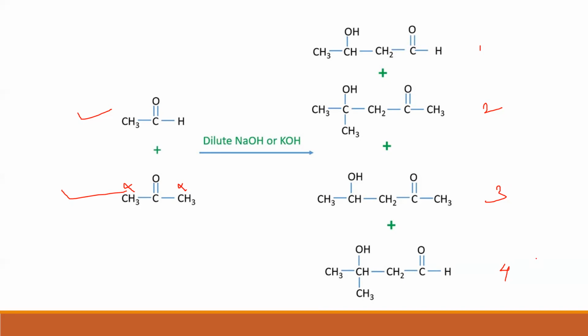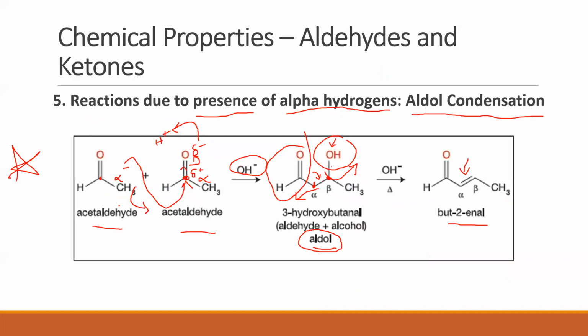Okay, let me give you a hint. Now, let's look at this compound. Does it have an alpha carbon? Yes, it has. Does it have alpha hydrogens? Yes, it has. I can have 2 moles of this reacting on its own. It can react with 1 more mole of acetaldehyde. As mentioned in the previous slide, if 2 moles of acetaldehyde react, I get 1 product, correct, as shown.